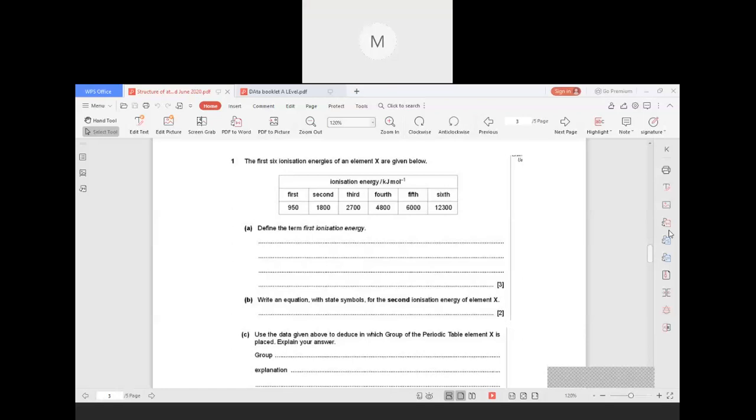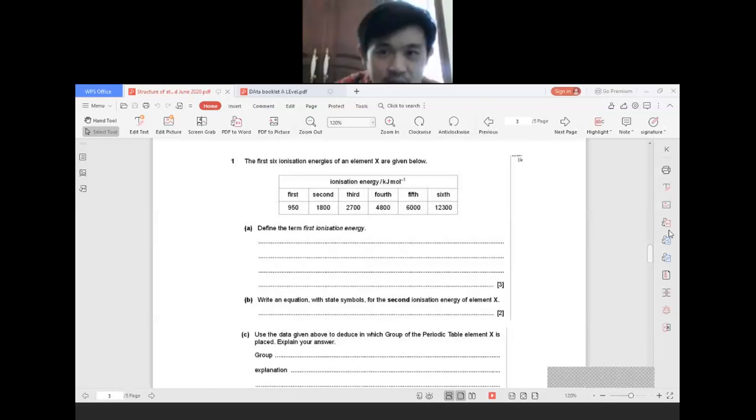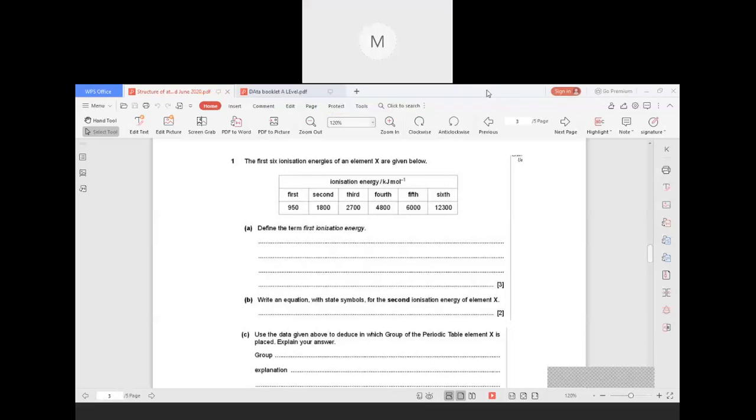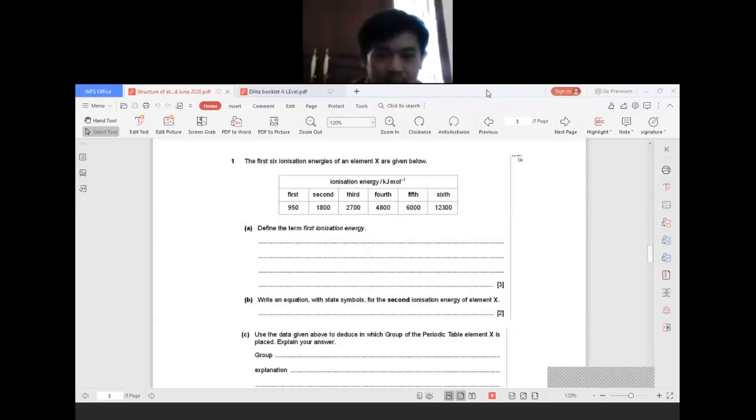Yeah, find the definition of first ionization energy. After this, Mario, I would like to ask you for question B. Write an equation which states symbol for the second ionization energy of element X.